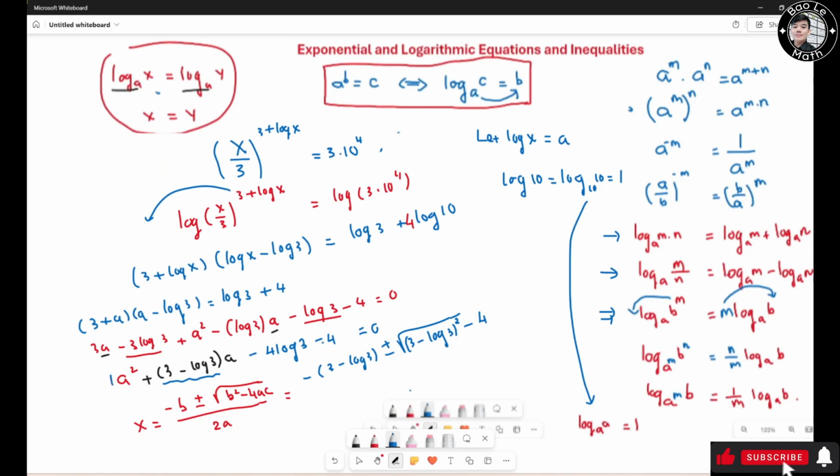And c in this situation is this one right here. So it's going to be negative 4 log 3 minus 4, over 2 times a, where a equals 1, right?